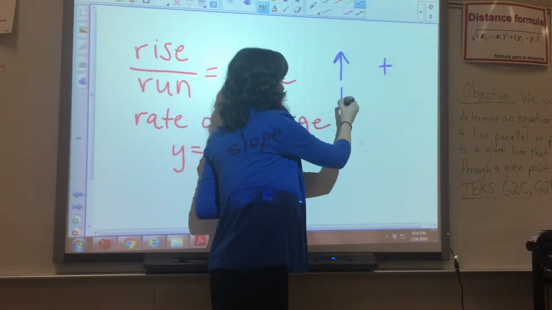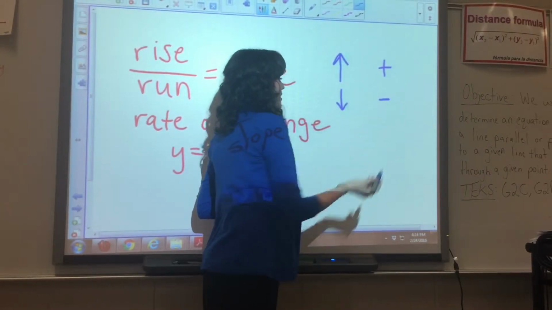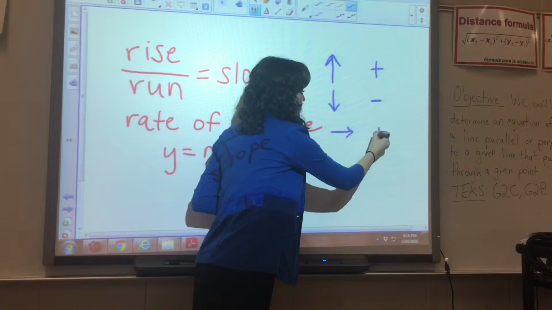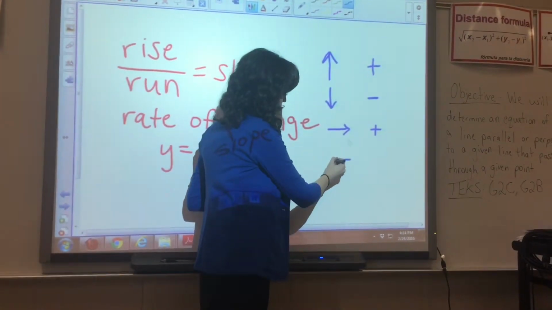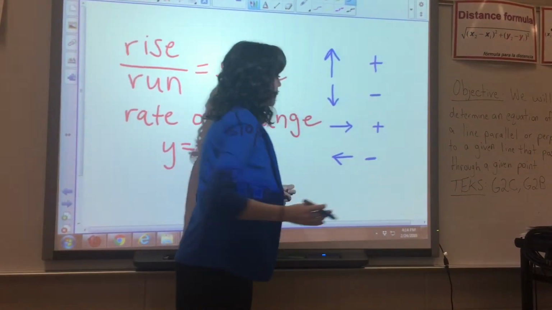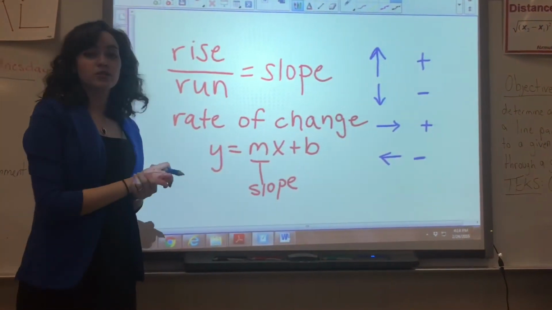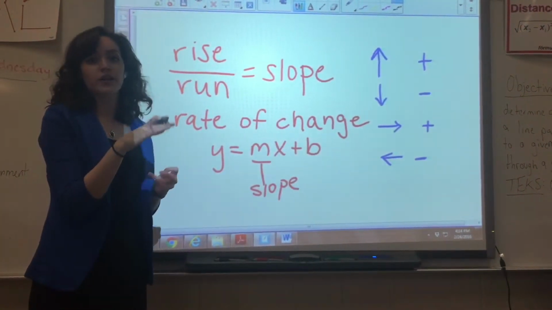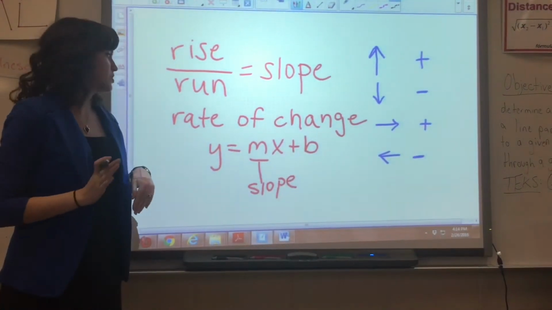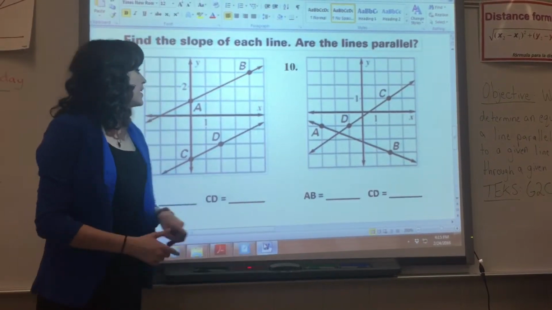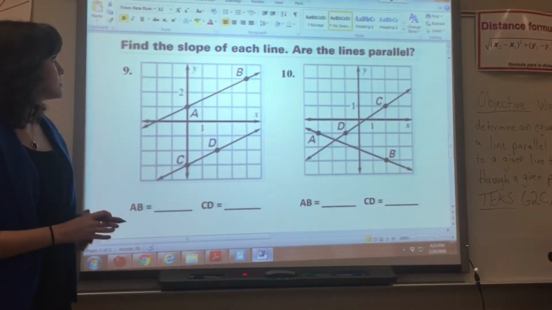When going down, it's going to be negative. When going right, it's going to be positive, and when you're going left, it's going to be negative. So this is all the information you need to be able to figure out the slope of your parallel lines and your perpendicular lines.